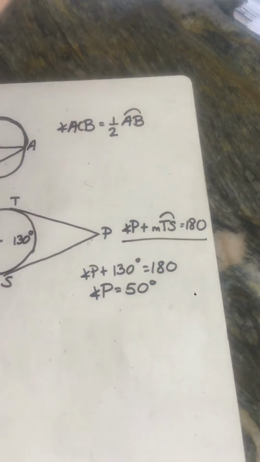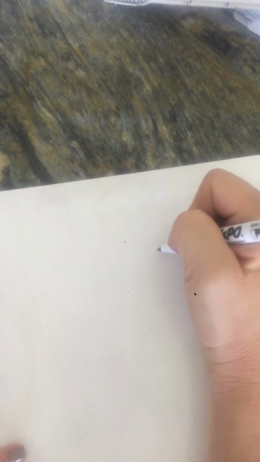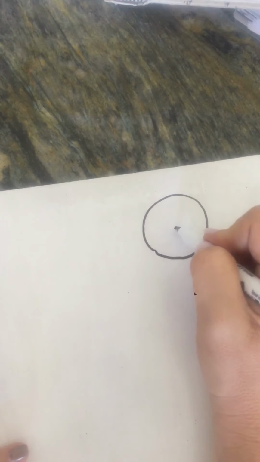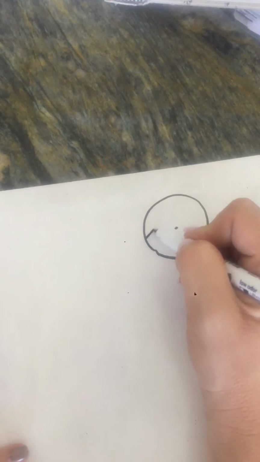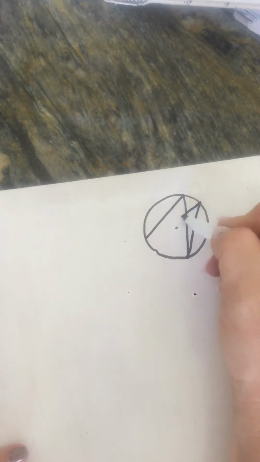All right, so let's do a couple of examples. Here we go. Let's do a proof, because I love proofs, and I know you do too. We've got this guy here, this guy here.